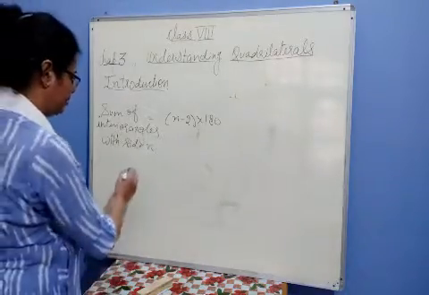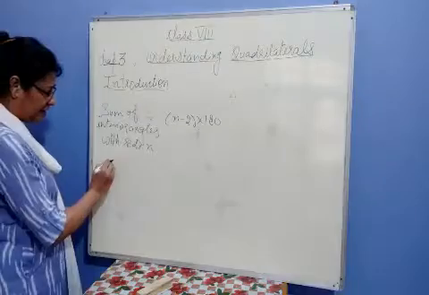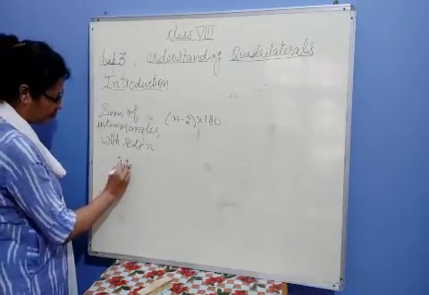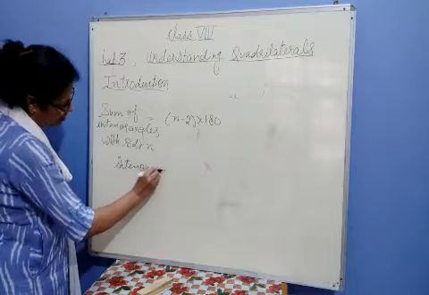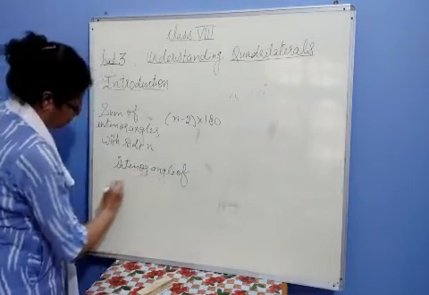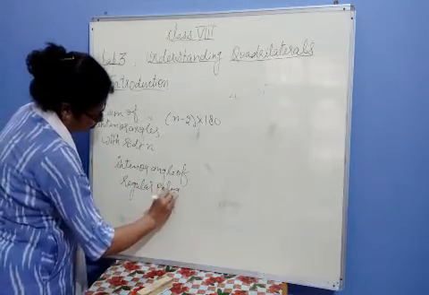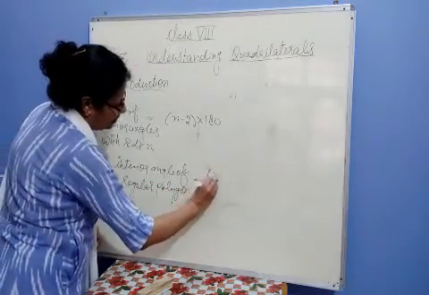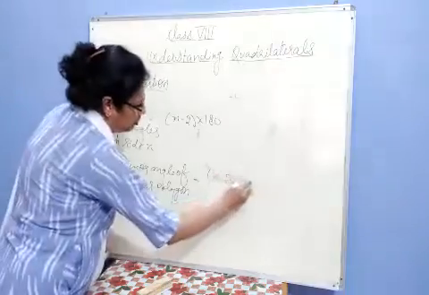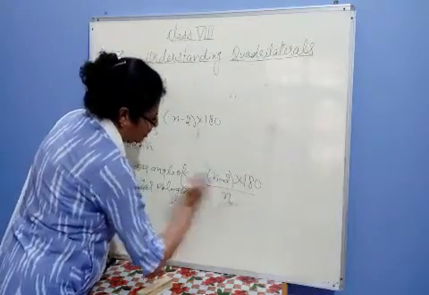Now the next formula, if you want to find any interior angle of a regular polygon, then it will be n minus 2 into 180 upon n.